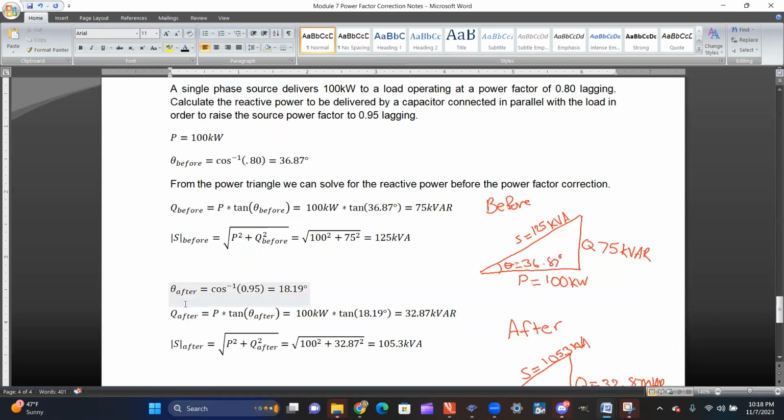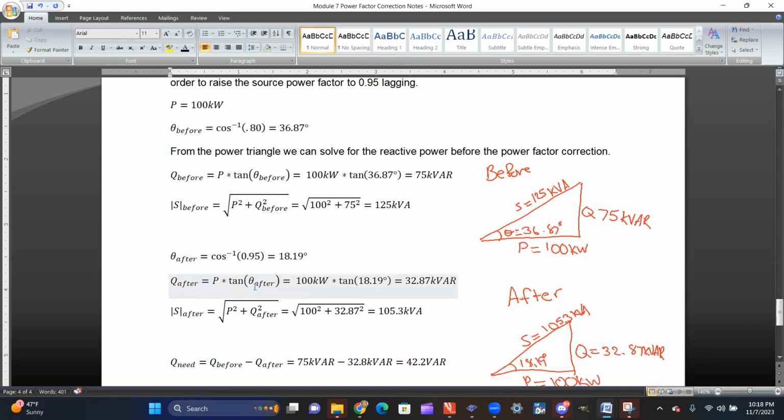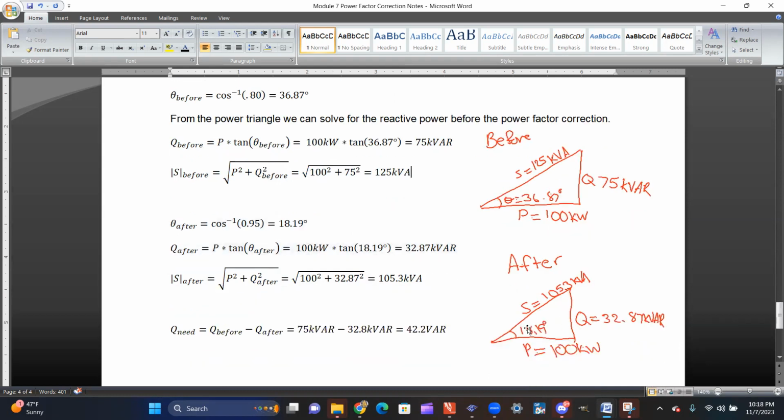Let's figure out what the system is supposed to look like, what we desire it to look like. After the power factor correction, we want the power factor to be 0.95 lagging. So let's take the same approach, figure out the angle afterwards, which is 18.19 degrees, and the reactive power, how much we want to have on the system after the power factor correction.